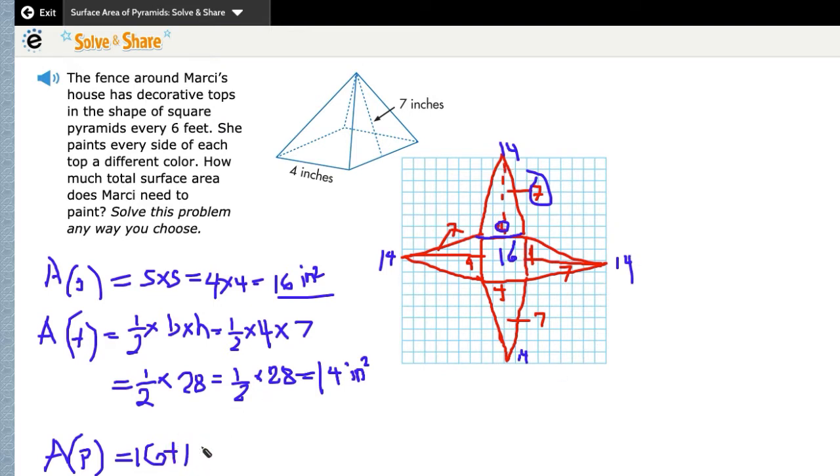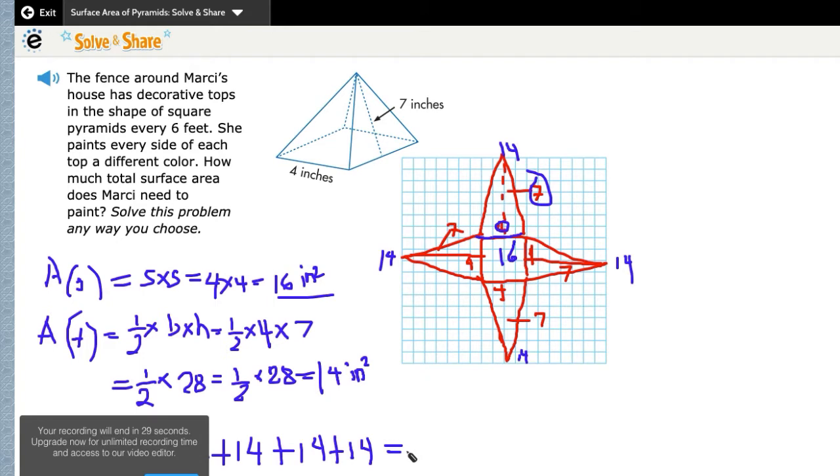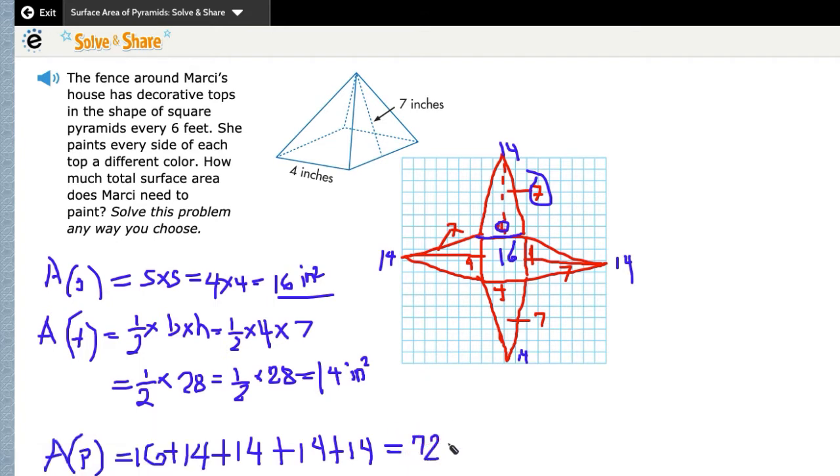These four 14s refer to the area of the triangular faces. All in all, if you add them all, the total will be 72 square inches. Okay, I hope you understand this first problem.